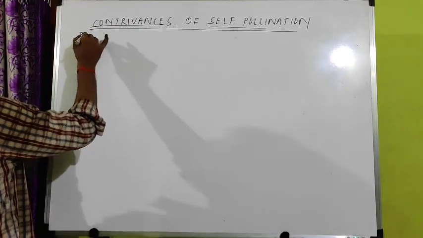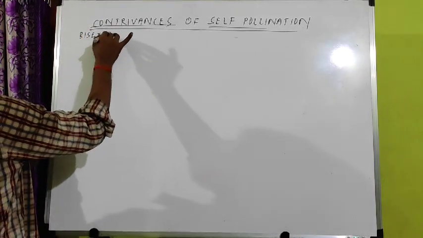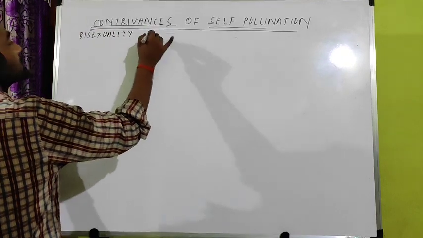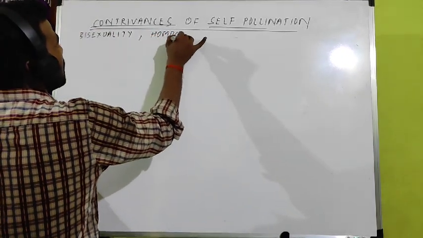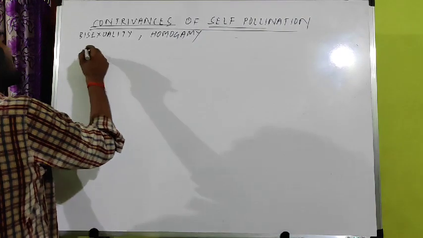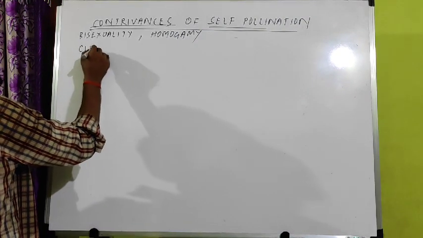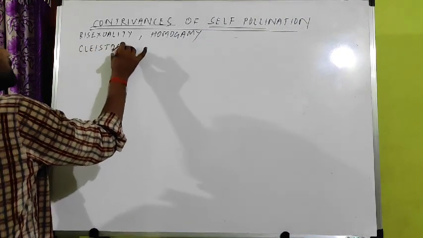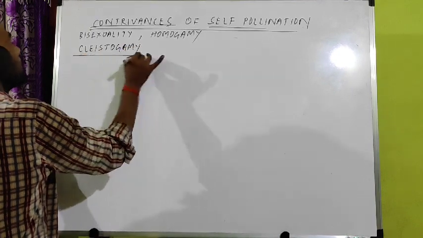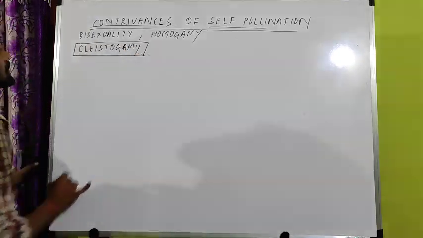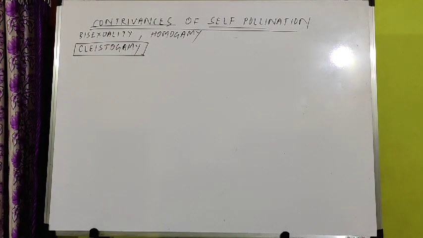First is bisexuality, and second is homogamy. Homogamy we have completed. The third contrivance is called cleistogamy. Sometimes cleistogamy comes as a short note, a 2 mark or 3 mark question in your board exam. So the third is very important.